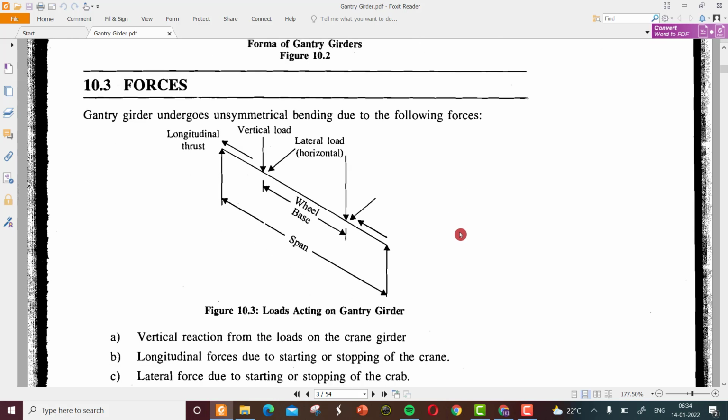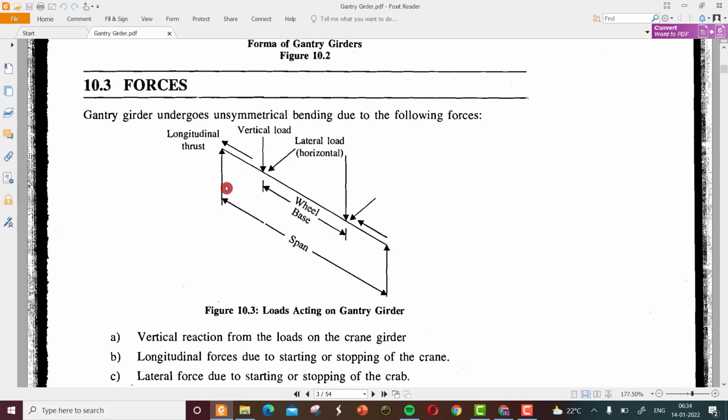So now the different forces acting on the gantry girder. As the crane moves, there will be a longitudinal thrust on the gantry girder. The gantry girder is from here to here. Treat this vertical line as a column.